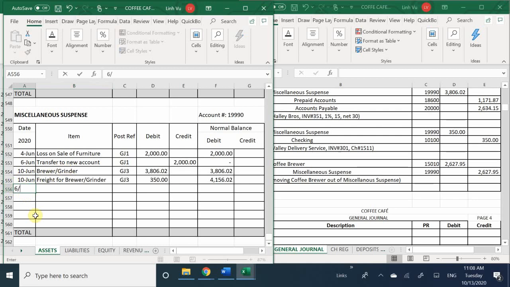So right here in my notes, I'm going to write remove coffee brewer, general journal number 3. And how much did we remove it for? We removed $2627.95 in the miscellaneous expense. So if we were to calculate the grand total, it should be $1529.07 remaining.